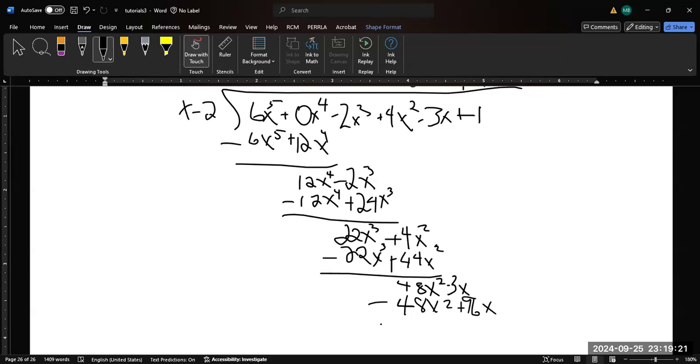Subtract, make sure you distribute. Now add, this is going to be 93x plus 1.